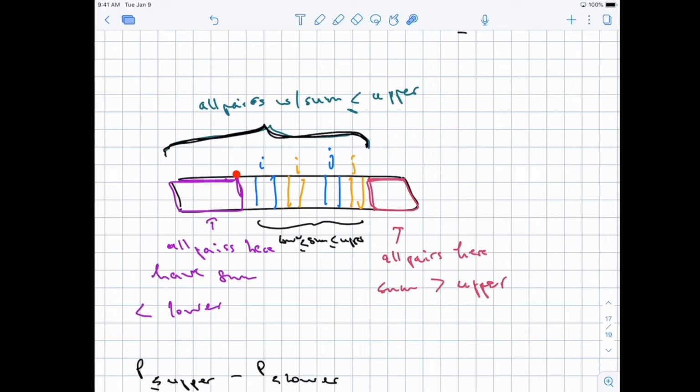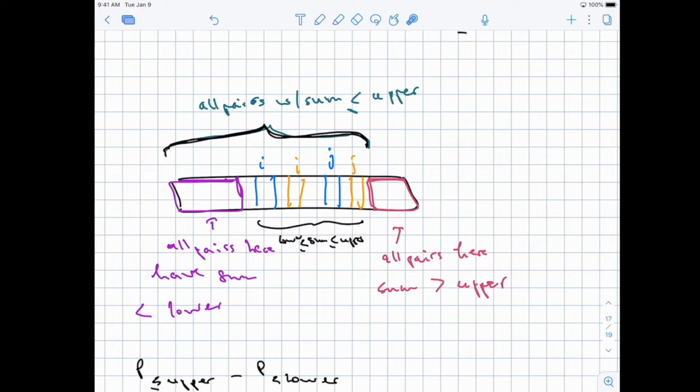And from this side here, these are those that have the sum smaller than lower, because those that we have here are bigger than or equal to lower, and those here are smaller than or equal to upper, right?